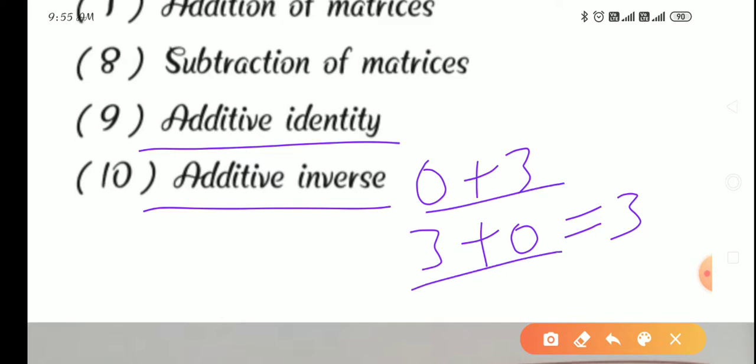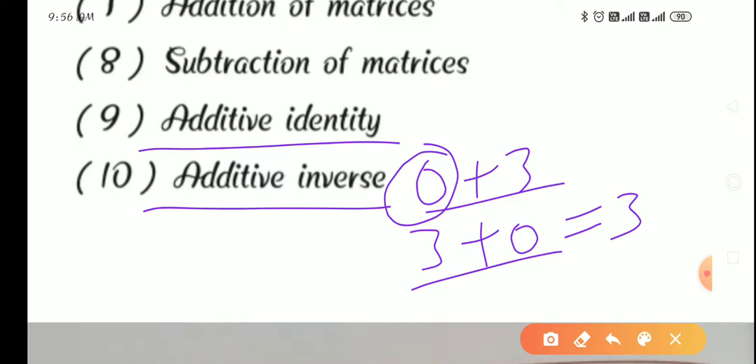So here we say that 0 is the additive identity, because by adding 0 to a number or a number to 0, the number does not change. So that's why 0 is the additive identity.